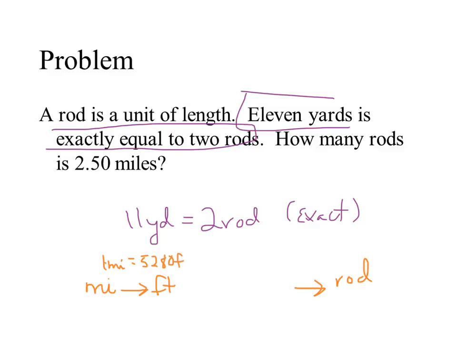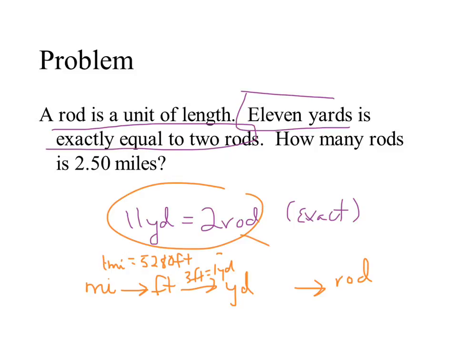5,280 feet. And then we're going to go from feet to yards. Of course, that's a 3-to-1, right? 3 feet equals 1 yard. And then we're going to go from yards to rods using this thing. Does that make sense?